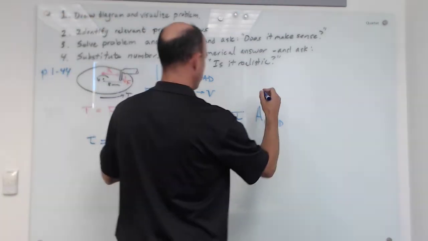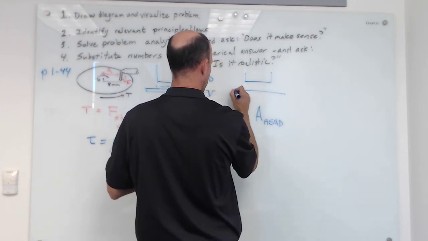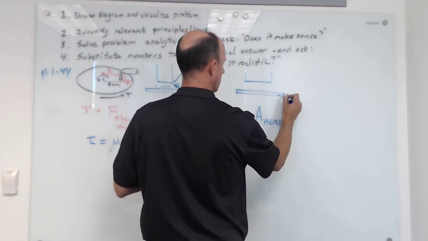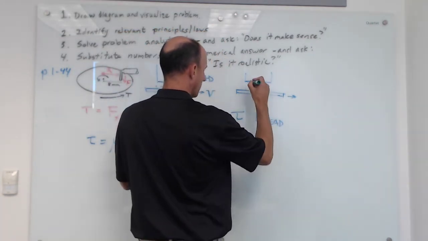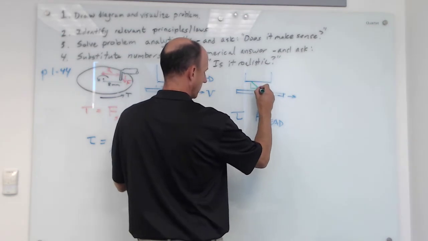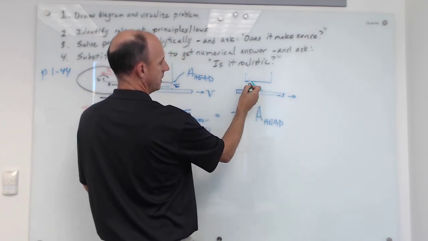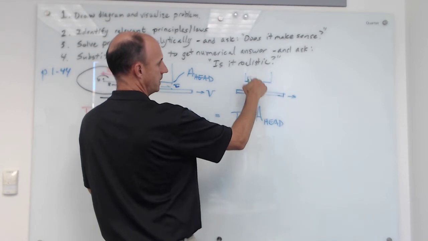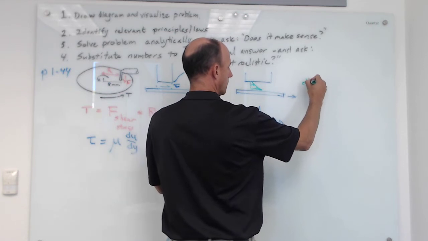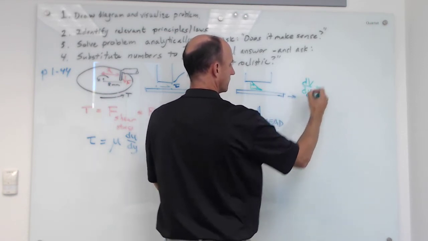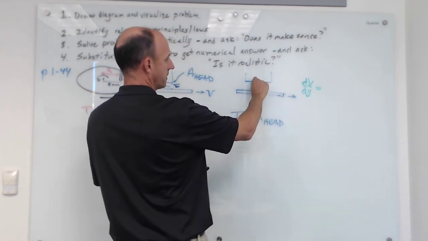And so now if we look really closely here, we have the head, we have the disk going by, some velocity. So that means that inside this gap, the fluid velocity kind of looks like this, where it's moving fast, touching the disk at the bottom. At the top, it's stuck here. So the change in velocity with respect to distance would be equal to the difference between this velocity and this velocity divided by this height.